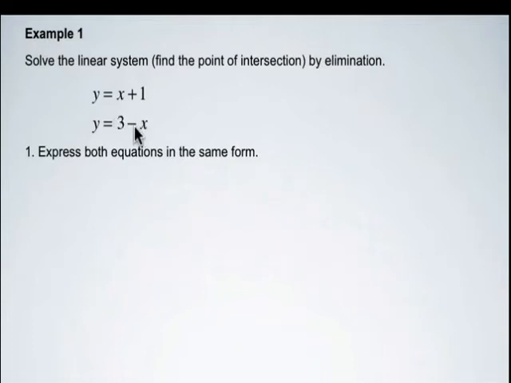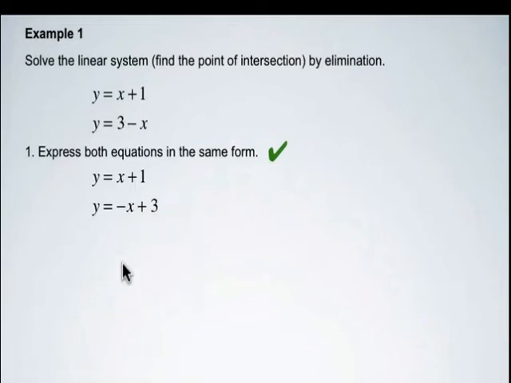When we do this, remember that the sign stays with the variable. So we're fine with the first one. We have to change this to y equals negative x, so the coefficient stays with the variable. So y equals negative 1x plus 3, because this is understood to be positive 3.